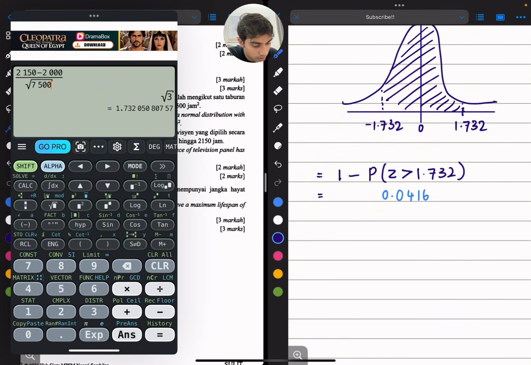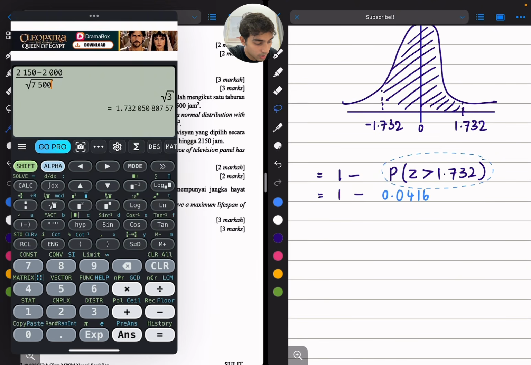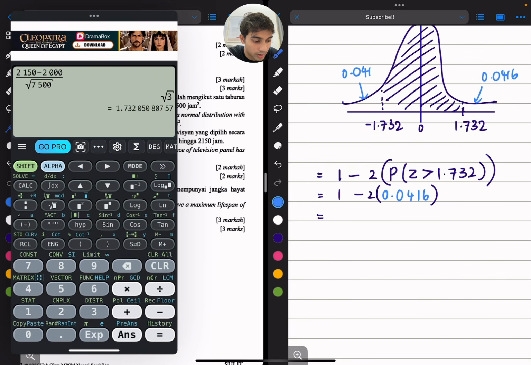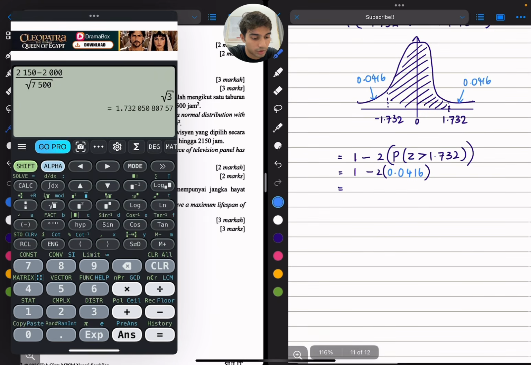Oh, sorry, I forgot. This one we have to times 2, because this area, we must times 2. So we put here 2 of this. Okay, that means this area is 0.0416. This area is also 0.0416.